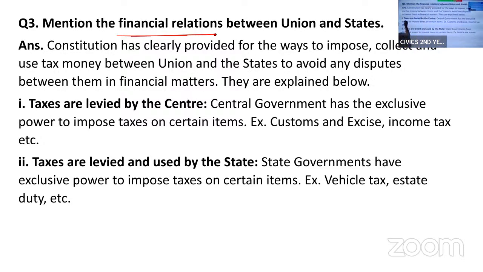So the first one is taxes levied by the center. Center means union government. So what are the taxes which are levied? Levied means imposed. If you are unable to remember the word, you can easily write imposed. Taxes imposed by the central government.